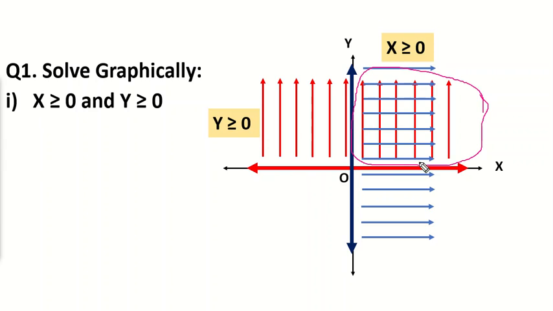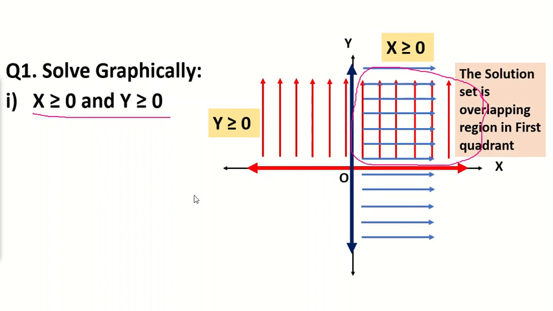This is my first quadrant. So the solution for x greater than 0 and y greater than 0 is the intersection of two regions, which is all the points in the first quadrant.